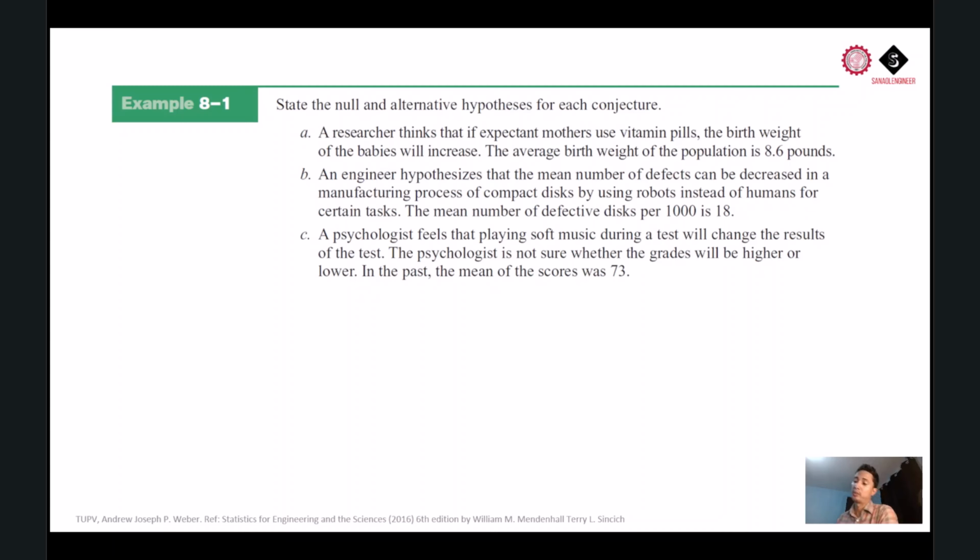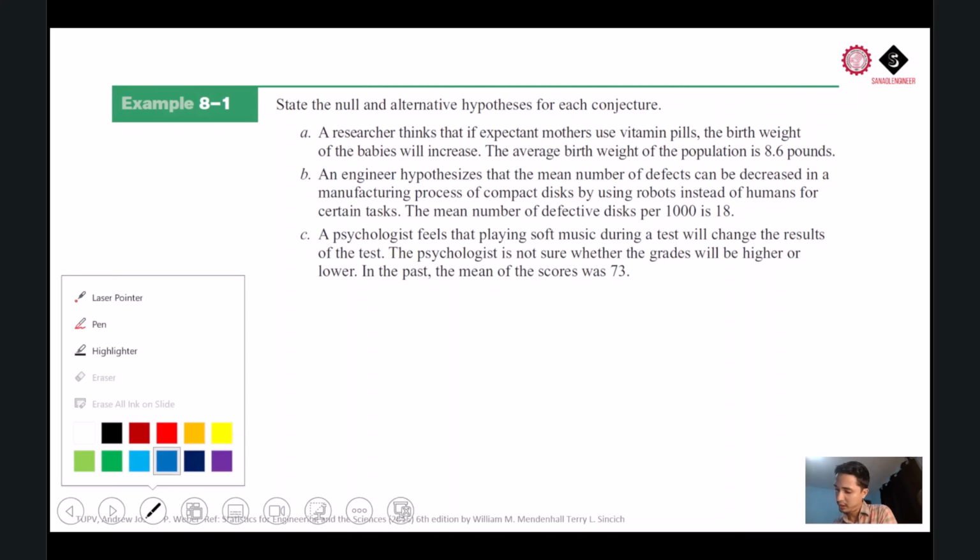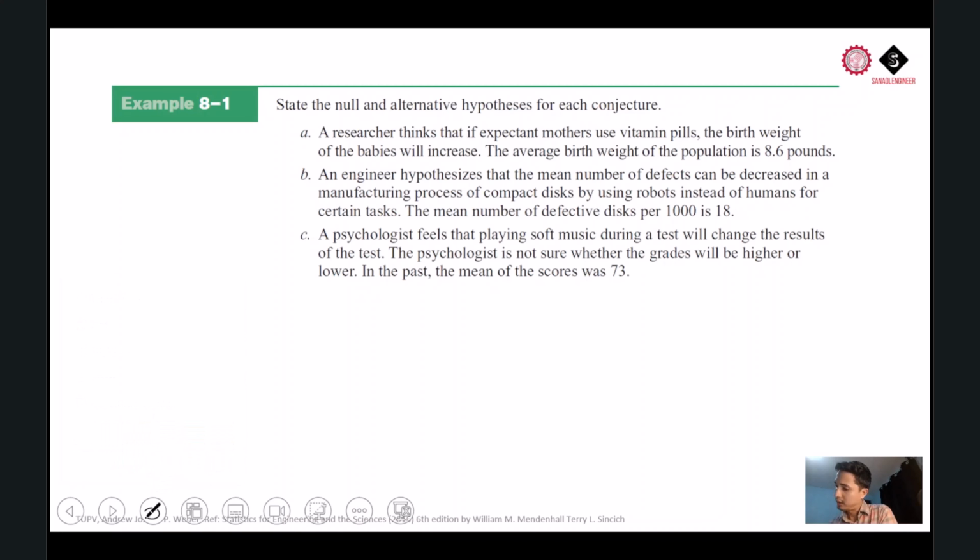So if you're going to write the null hypothesis and the alternative hypothesis, you should be basing them on the key words. So for letter A, it's clear that the alternative hypothesis is to the right. This is the null hypothesis, 8.6.